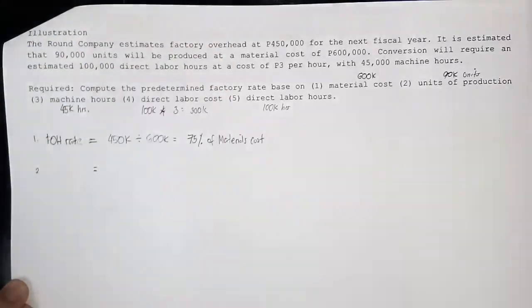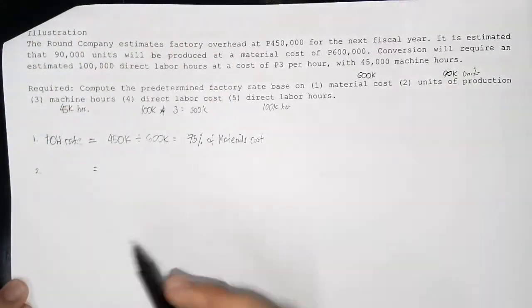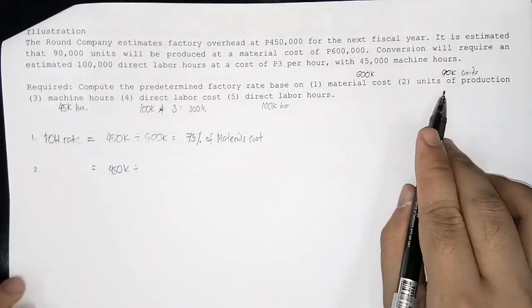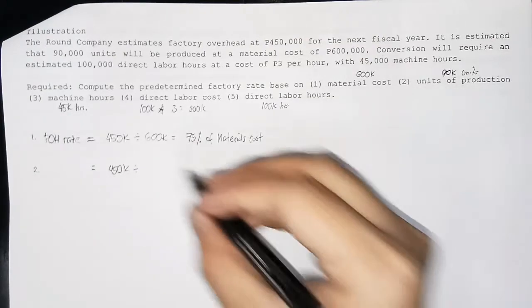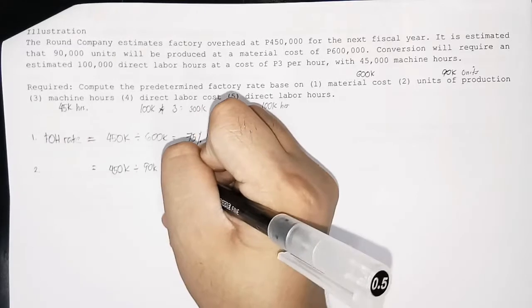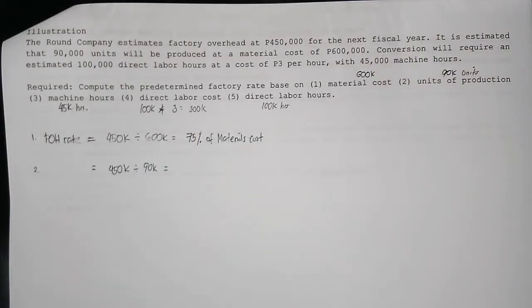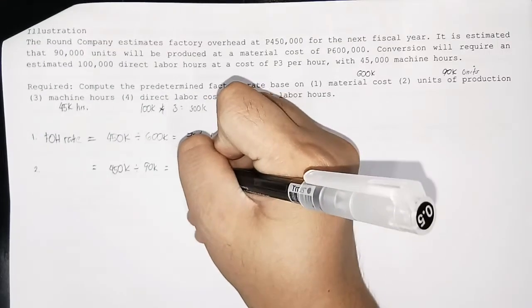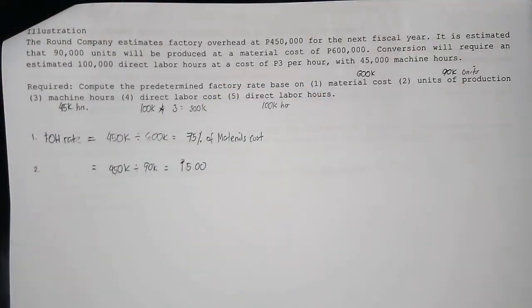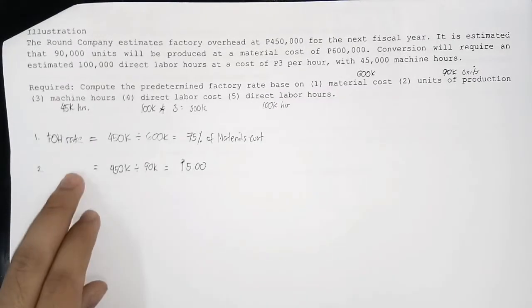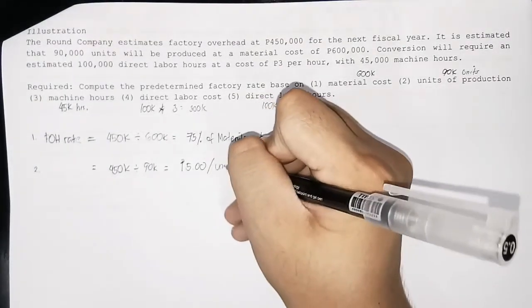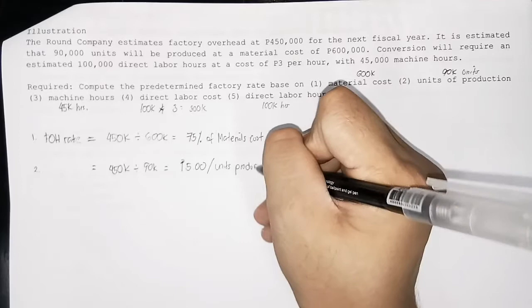Number 2, factory overhead rate is equal to 450,000 divided by number of units produced, 90,000 units. 450,000 divided by 90,000 units is equal to 5 pesos. Kompletuhin natin. Factory overhead rate based on number 2 is equal to 5 pesos per unit produced.